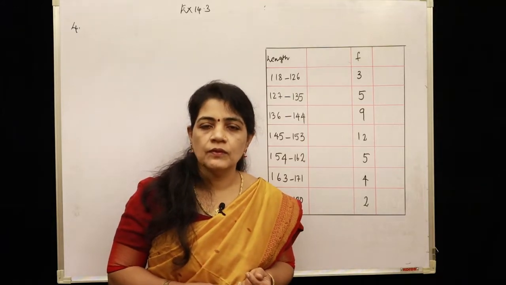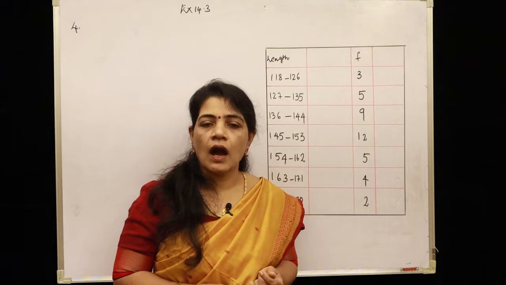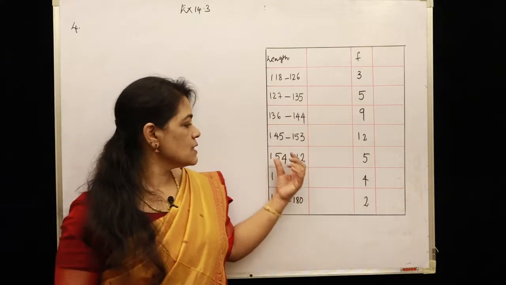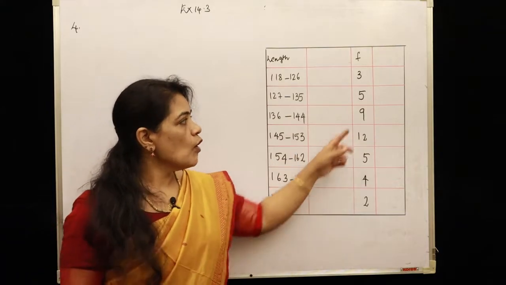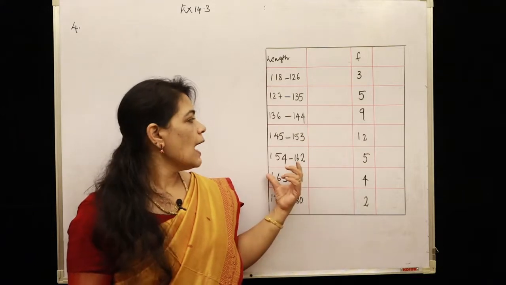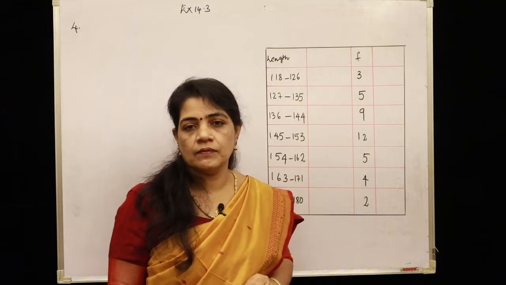In this problem, the lengths of the leaves of a plant are measured in millimeters. That means these are the lengths of 40 leaves of a plant, and we have to calculate the median length of the leaves.